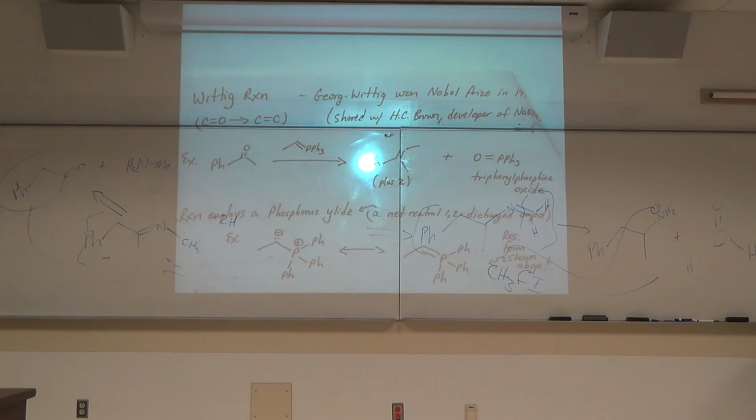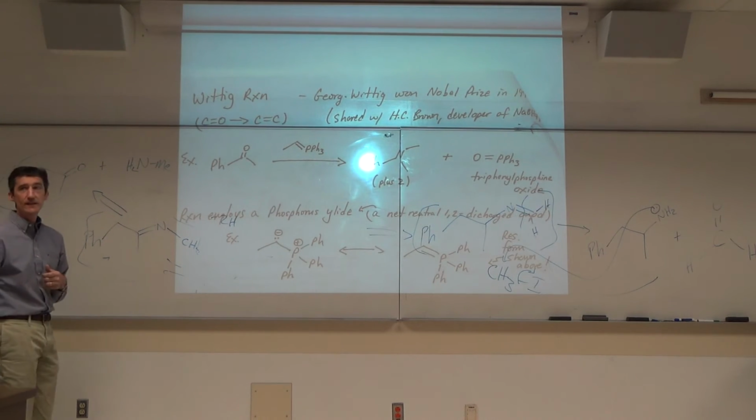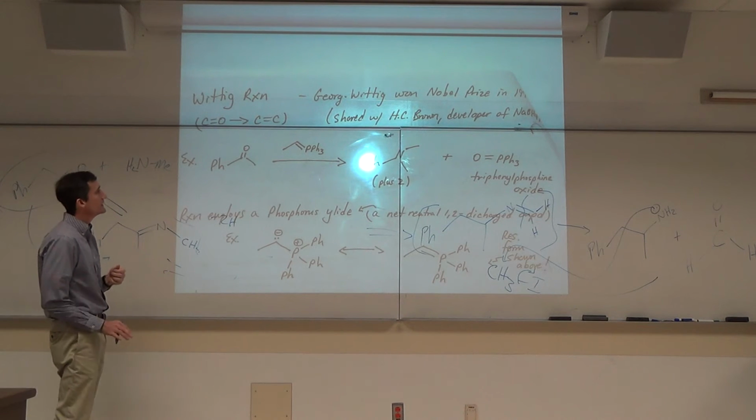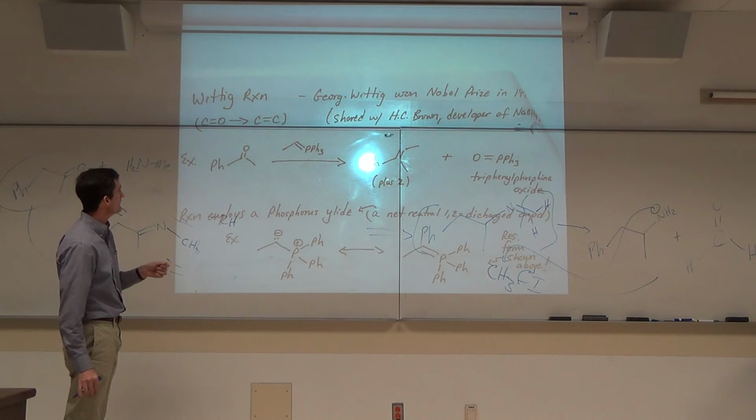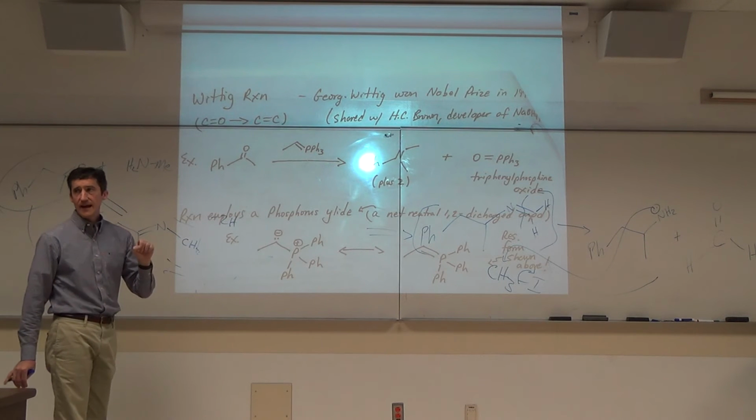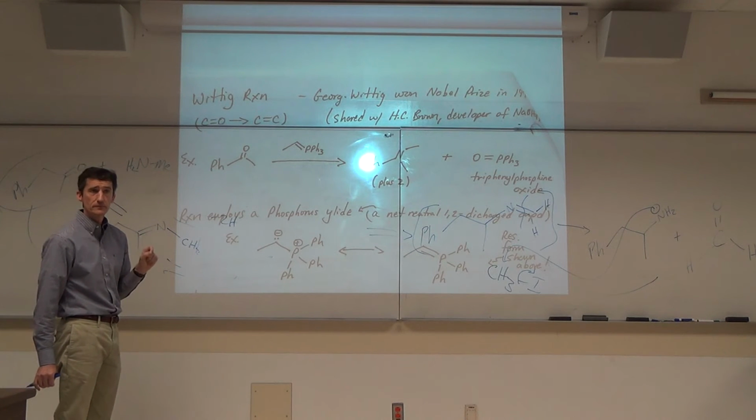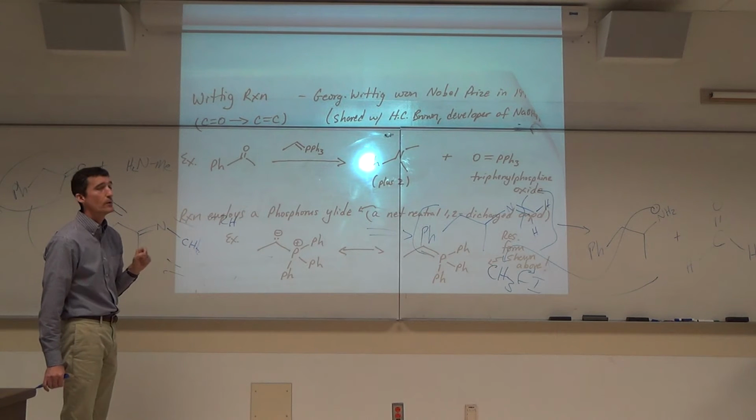Okay, the Wittig reaction looks like it's pronounced Wittig, but we pronounce it Wittig. At least that's what the Germans tell us. It's a way to make alkenes from carbonyls.